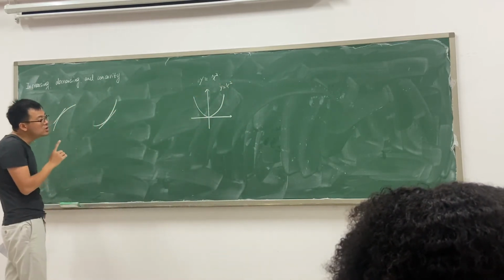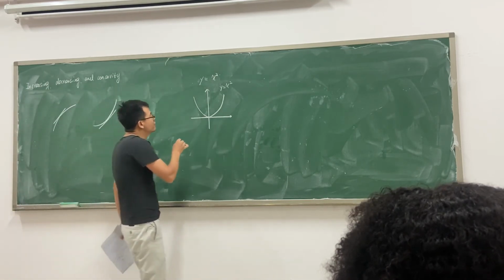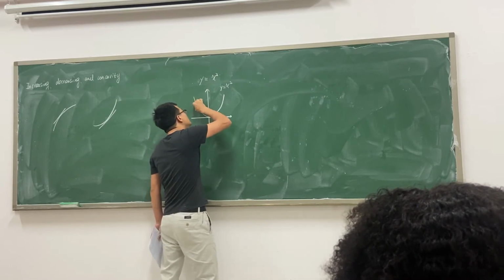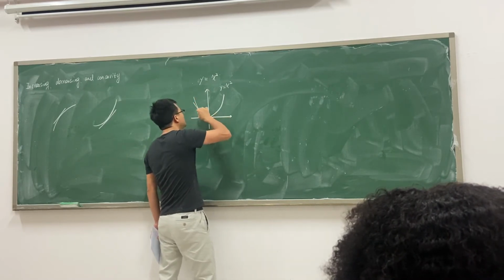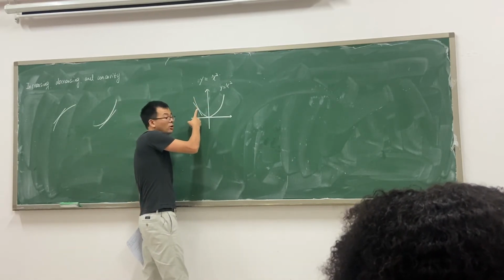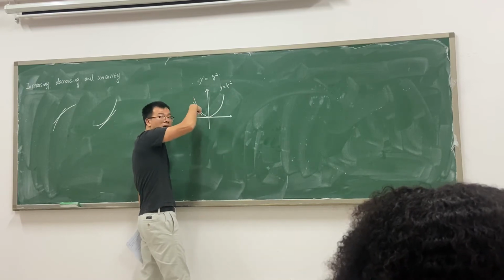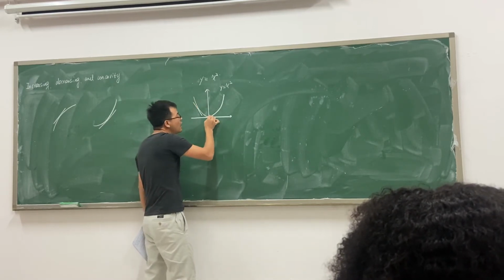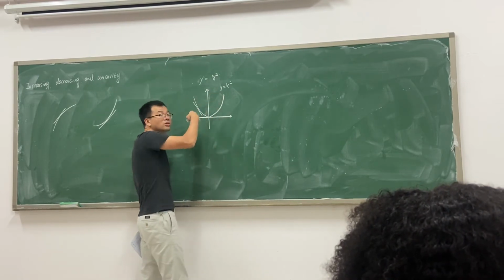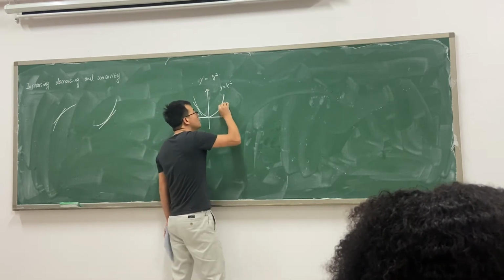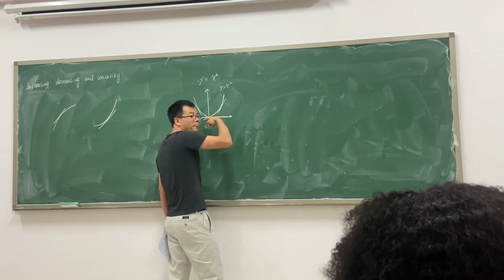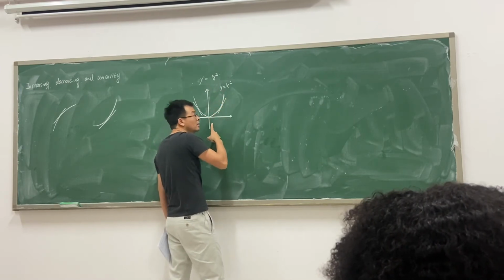For this graph, you can see the tangent line. On this point, the tangent line is below the graph, and on this point it is also below the graph, and on this point the tangent line is also below the graph.